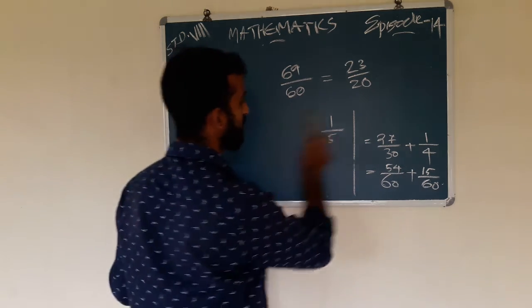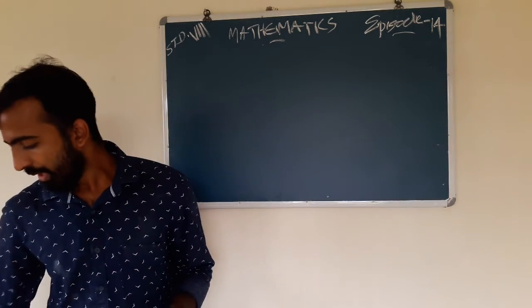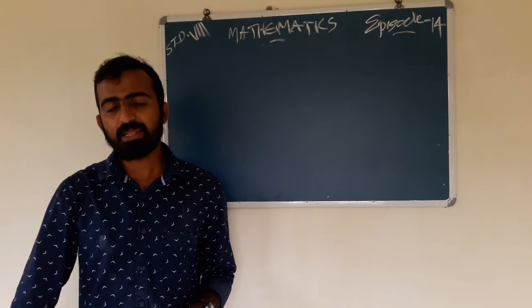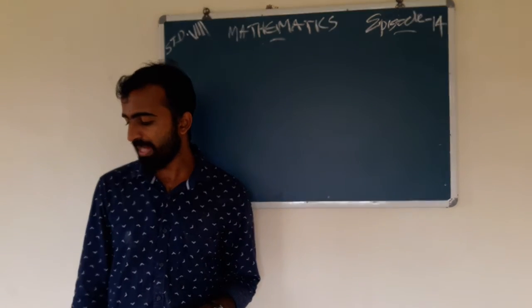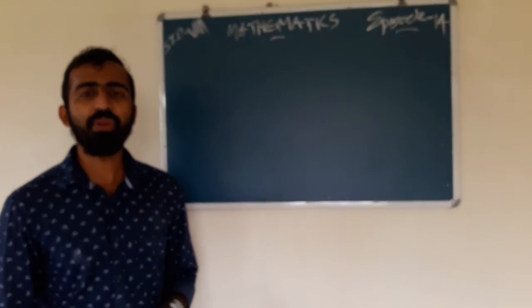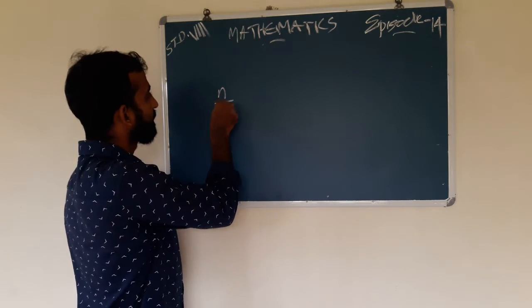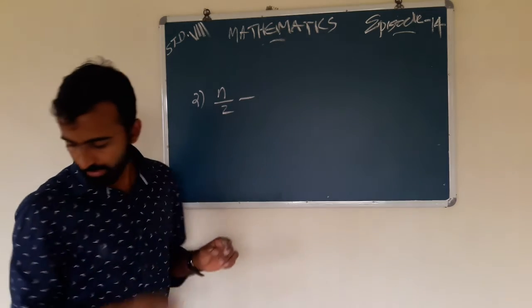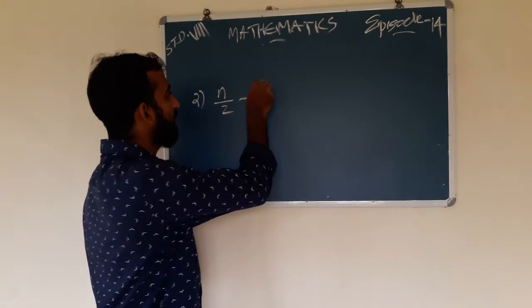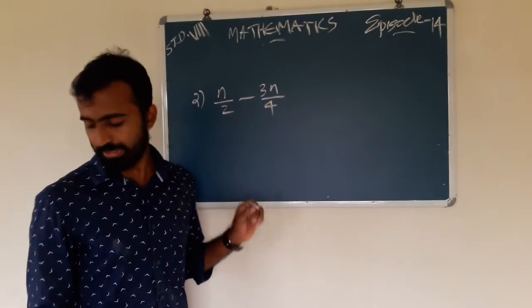And the next question is n by 2 minus 3n by 4 plus 5n by 6 equal to 21. We want to find the value of n.